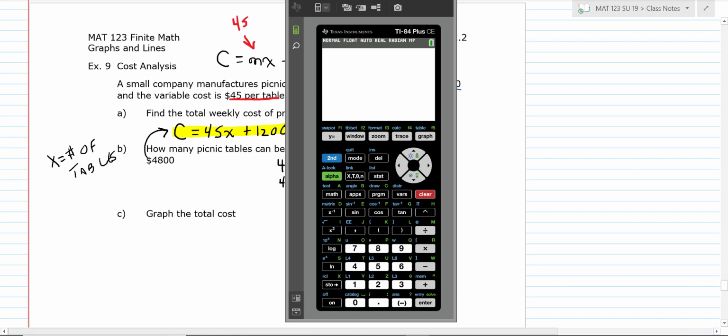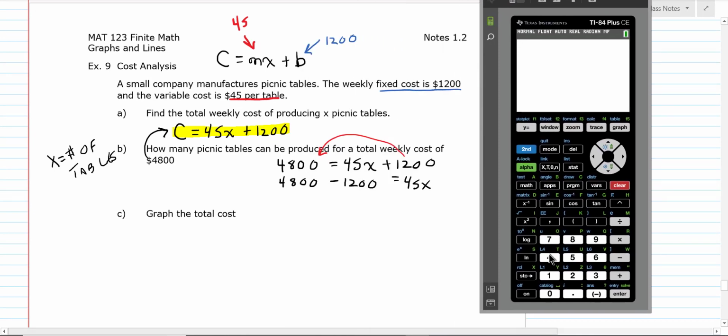And you can use your calculator to assist you with certain things. So I have 4,800 minus 1,200. Sometimes you got to be careful how you type on this thing. So 3,600. So we end up having 3,600 equals 45x.